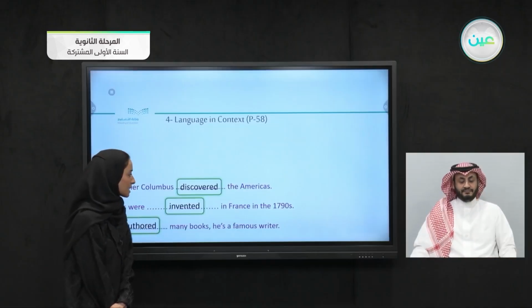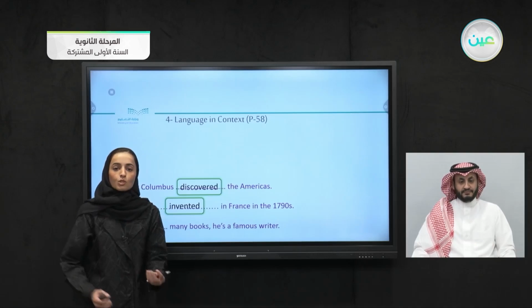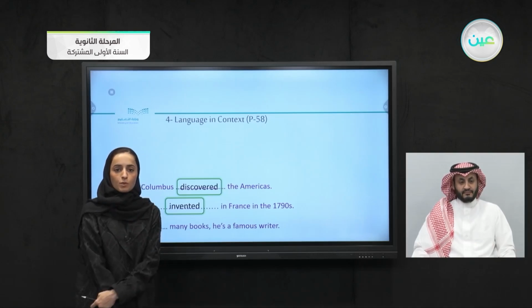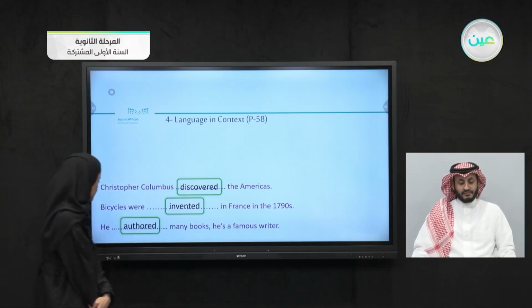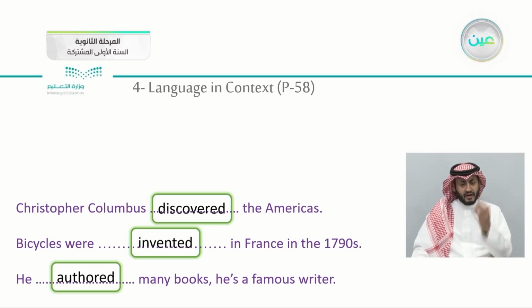However, in 1790s, it was invented. It wasn't there, and it was invented. He authored many books. He is a famous writer. The book writer and the book, he will author it. He will write this or that.